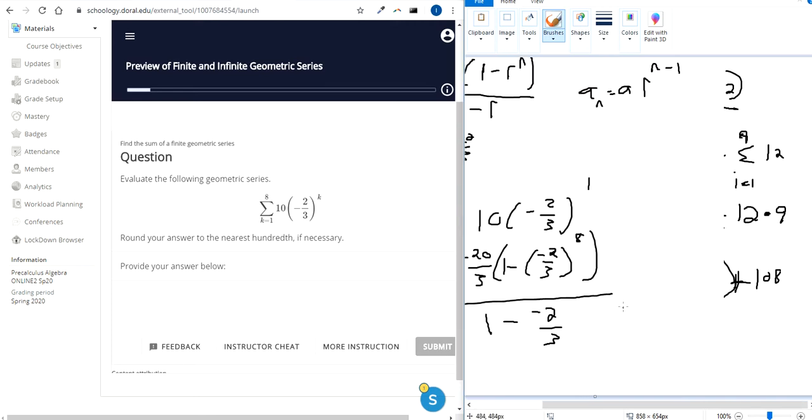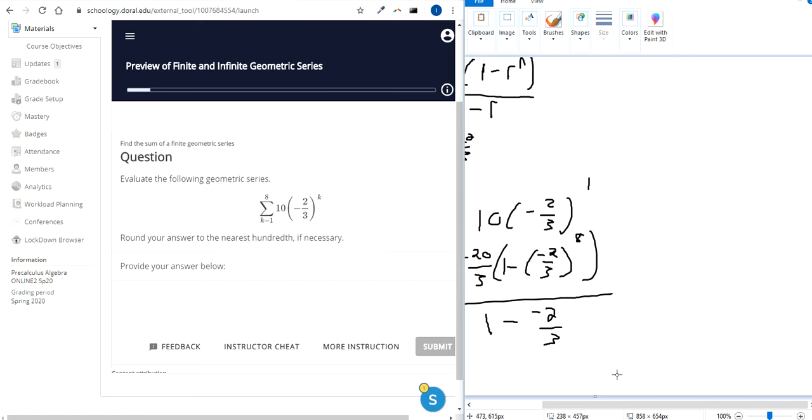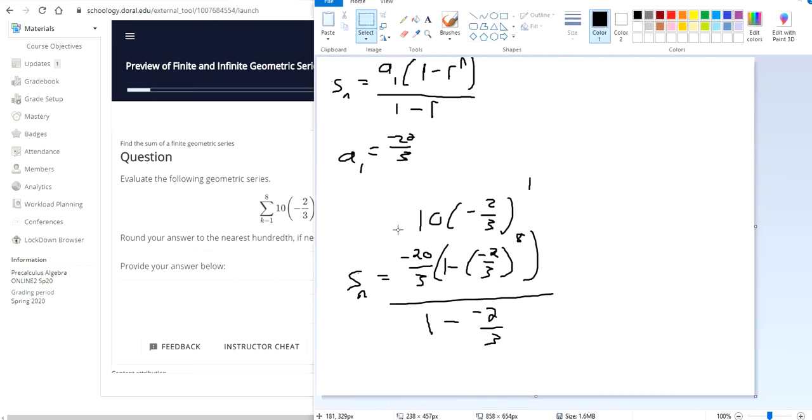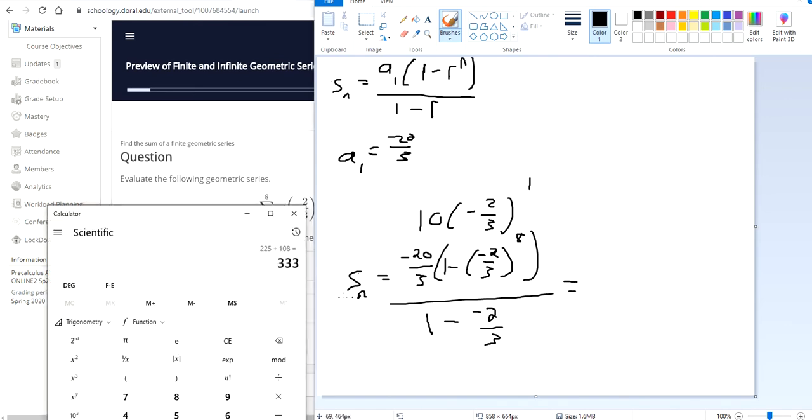So a bit of complicated fraction work we've got to do here, but at least we've got a one-stop shop for finding that sum instead of having to add each term. Okay, so let me see what I can do here. -2/3, that one's kind of brutal. 2 to the 8th, that's 256. Got 1 minus 256, and it's positive now, right, because you're raising it to an even power.